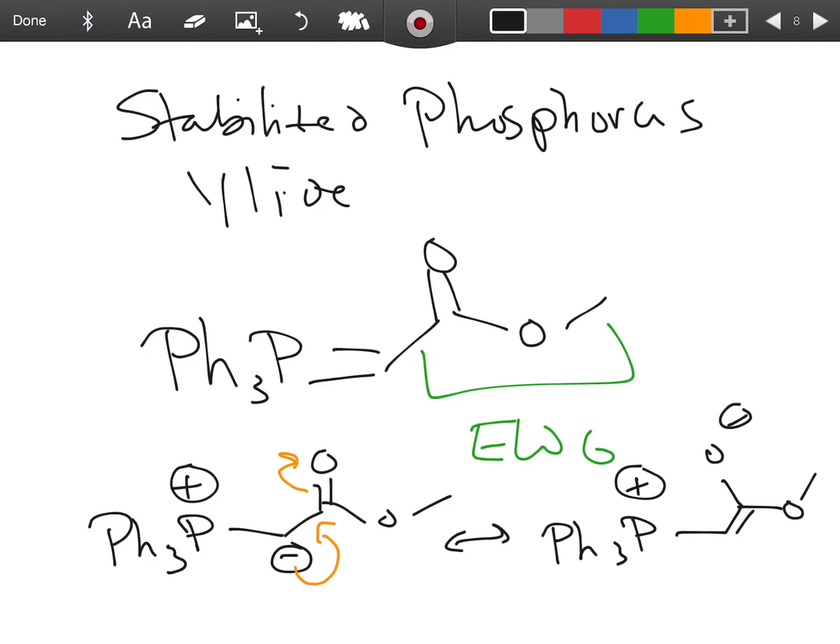We get to 15 to 1 trans to cis, just by adding some electron withdrawing group, usually C double bond O of some sort. And so, is there a mechanism? Is there a way that this works that we can explain all of these observations?